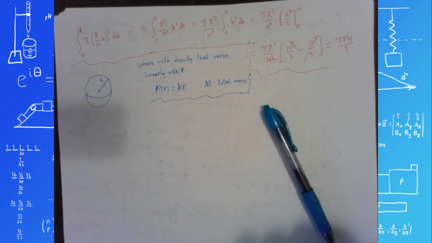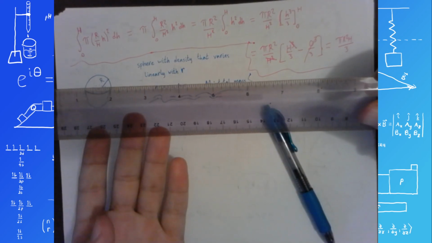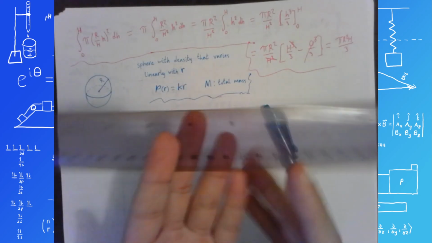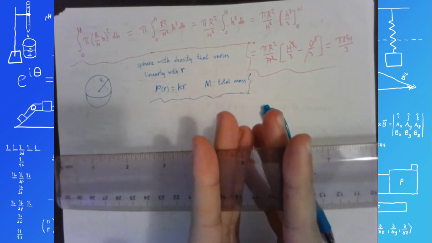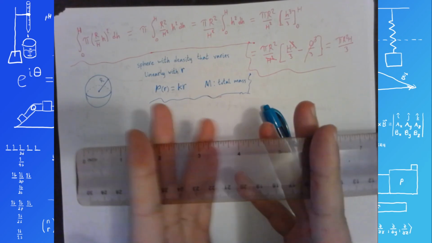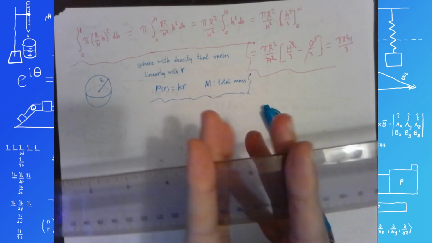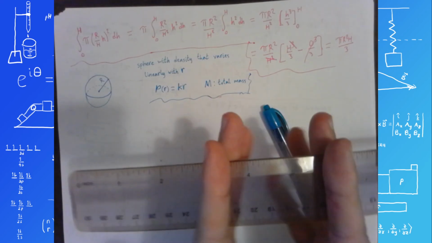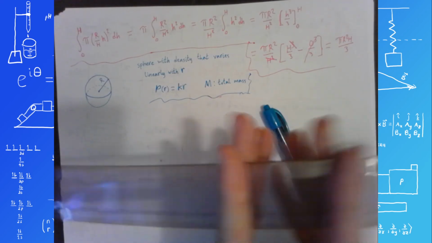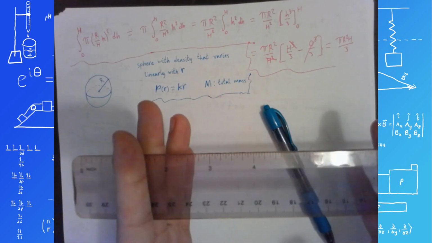If I have, for example, this ruler, I would assume if I chop it up into pieces that are 1 inch long, each piece weighs the same. I would assume each piece has the same amount of grams per inch of whatever this material is.